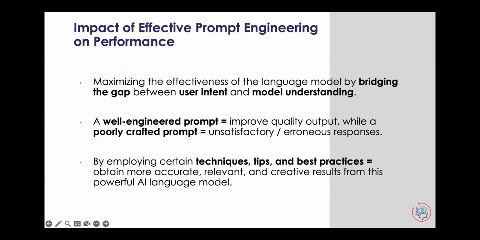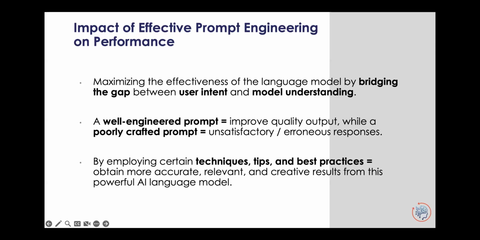So the impact of effective prompt engineering on performance: basically think about it as maximizing the effectiveness to bridge the gap between the user's intent and the model's understanding, right? That's the whole idea, to get that gap closer and smaller. Now, a well-engineered prompt will give you better quality output.